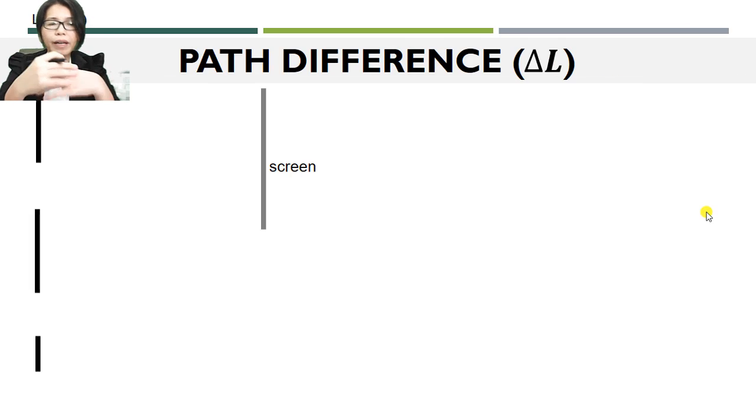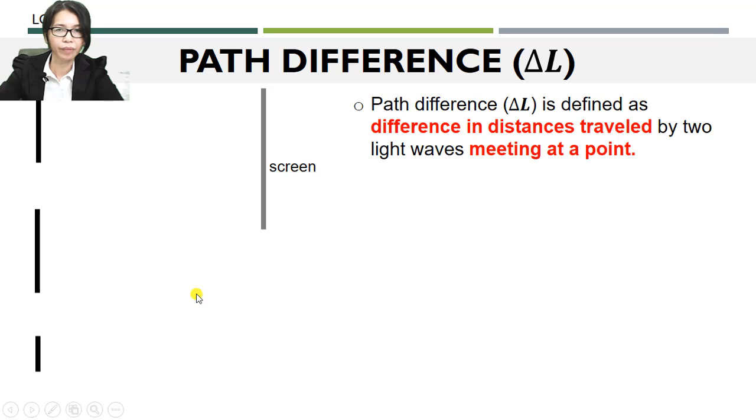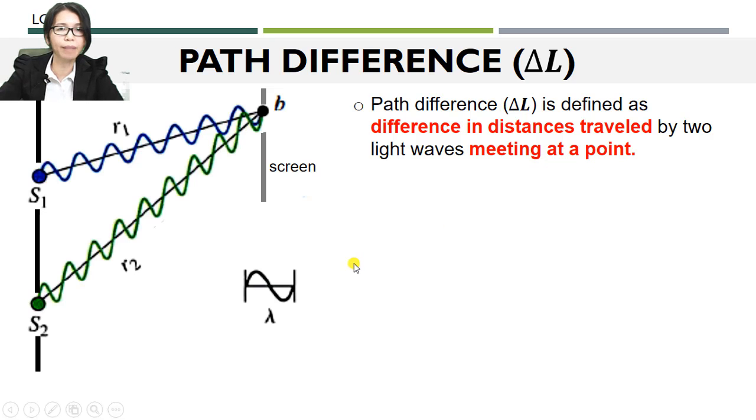Then class, we have another concept we call path difference. I denote it by delta L. So what is meant by path difference? Path difference is defined as the difference in distances traveled by two light waves when they meet at a point. So, for example, here I have source S1 and source S2.